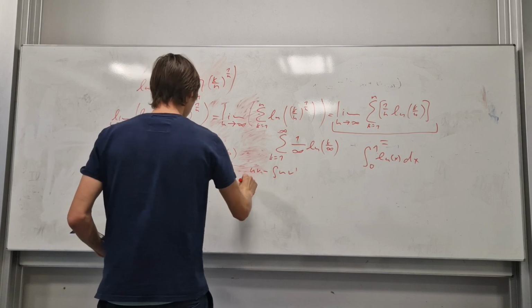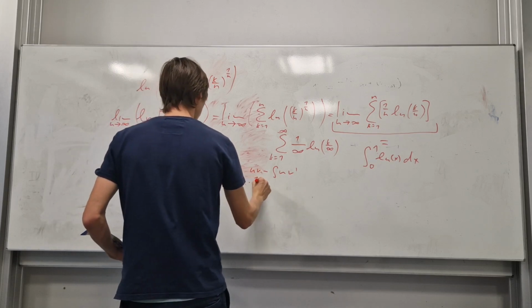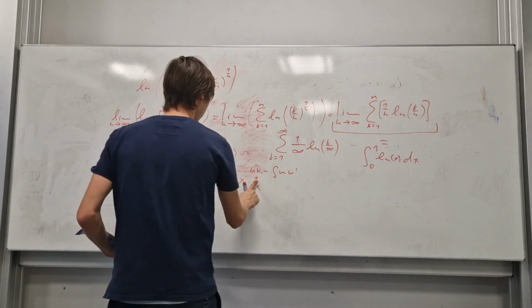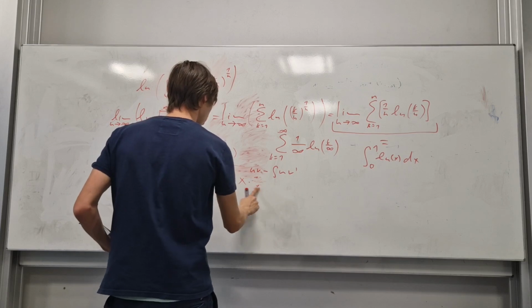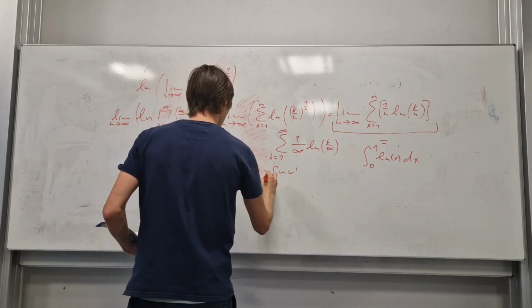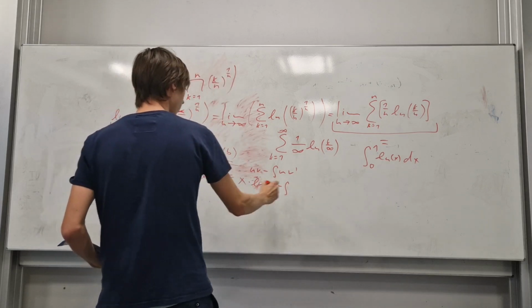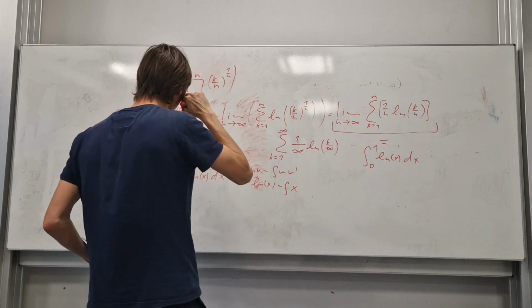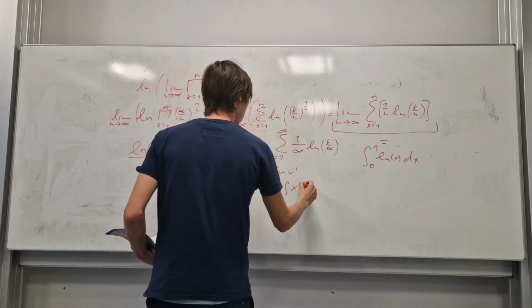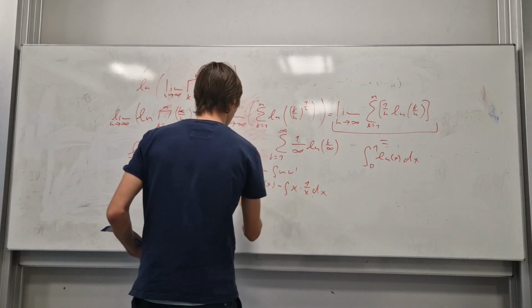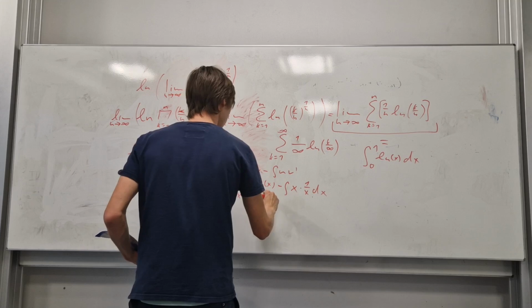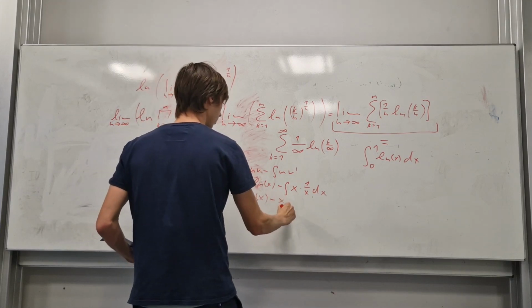Well, that will be x times ln x, ln of x, minus the integral of x times the derivative of ln x, times 1 over x dx. Well, that is x ln x minus x.